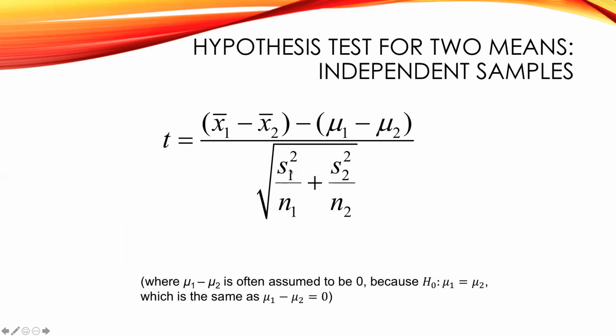Again, remember s is the sample standard deviation, and if you square it, it's actually the sample variance. So mu1 minus mu2 is often assumed to be 0, because in the null hypothesis, we have mu1 equals mu2. And you can just rearrange that to be mu1 minus mu2 equals 0. That's how we can say that this part right here is generally 0 unless otherwise specified.